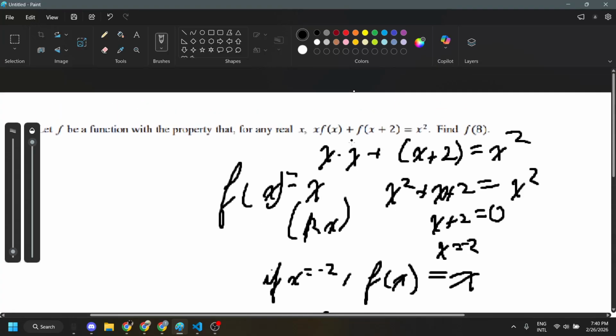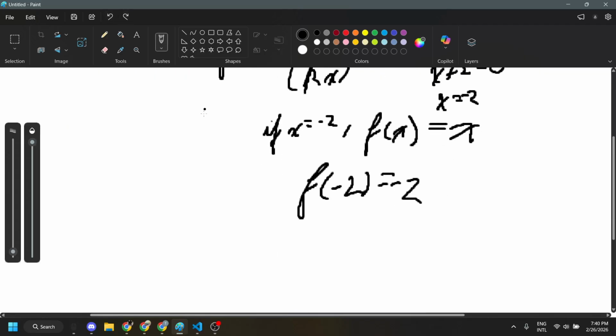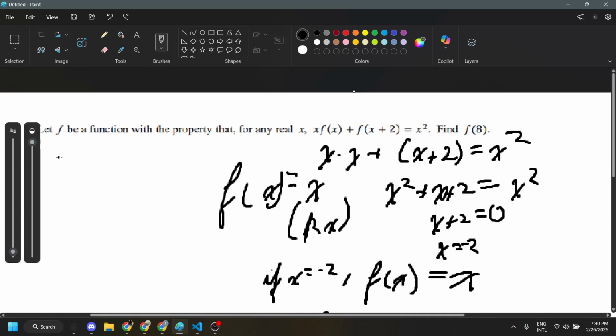Does this make sense? Oh, because this turns to negative 2, because then we get negative 2 f of negative 2 plus f of 0 is equal to 4.